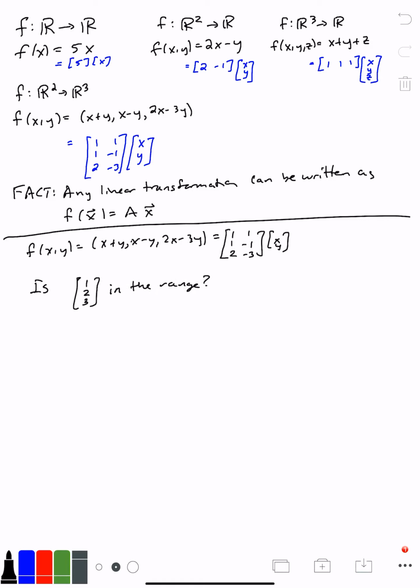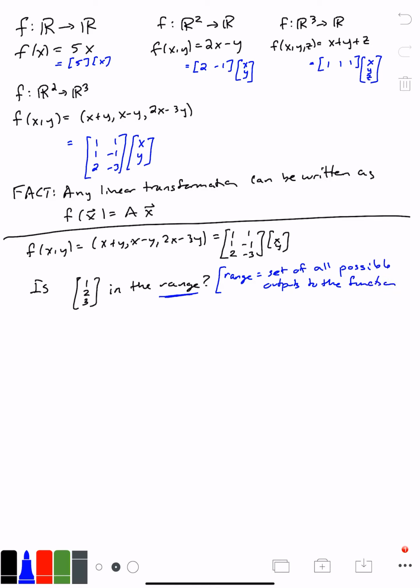Now at this point in time, I want to point out something here. The range, that's something that you may have learned a long time ago. The range is the set of all possible outputs to the function.